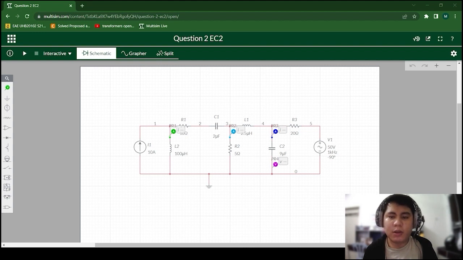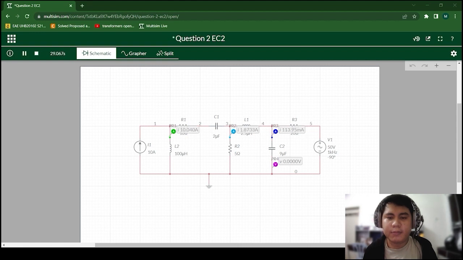Next, we put in the value of I as 10 ampere, and then the value of V1 or Vs is 50 volt with a phase of negative 90 degrees. Then we start to run the circuit. We can pause the simulation to get an accurate reading of IA, IB, IC, and the value of V total.